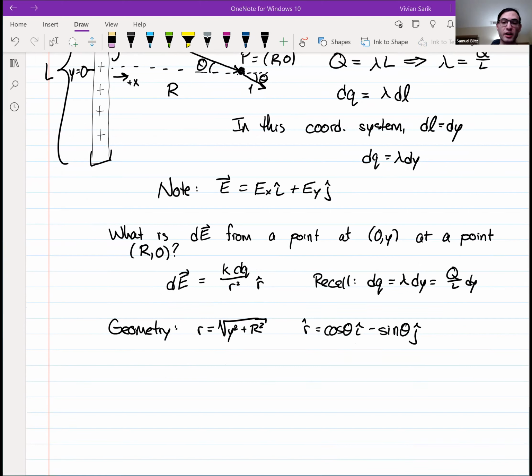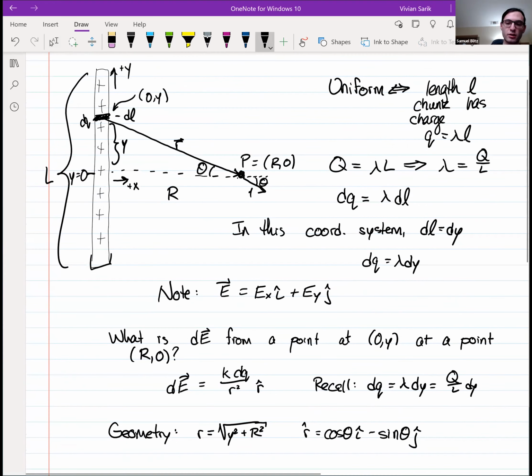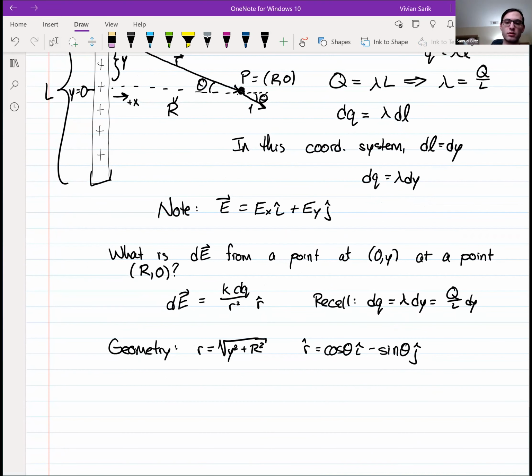Now, cosine theta is just big R divided by the magnitude of little r, right? Just from the triangle. So this is R divided by the square root of y squared plus R squared in the i hat direction. And then the sine theta is similar. It's y divided by the square root of y squared plus R squared in the j hat direction.